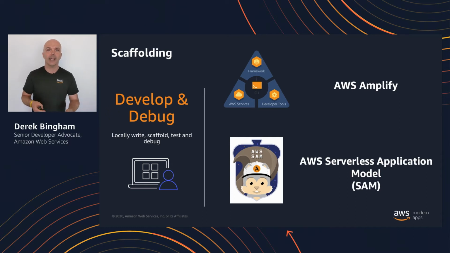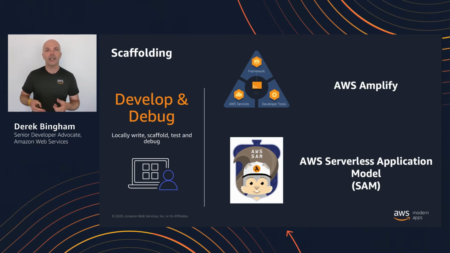So when I say scaffold, I'm talking about you need a new feature that you want to add to your application, or you're starting an application from scratch and you quickly want to build the boilerplate code, the undifferentiated heavy lifting. You just want to get rid of that and want to get down to the nitty-gritty of building your applications and adding the features. So Amplify and SAM do that really, really well.